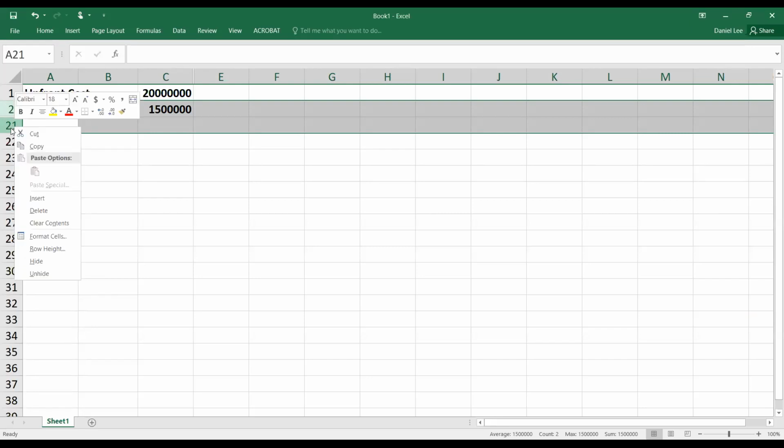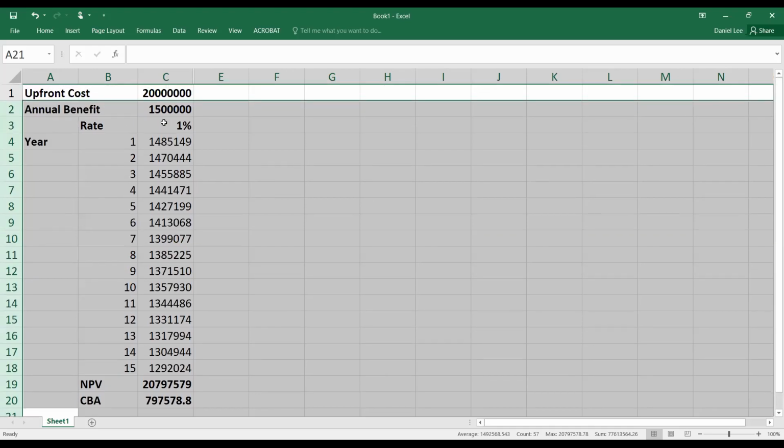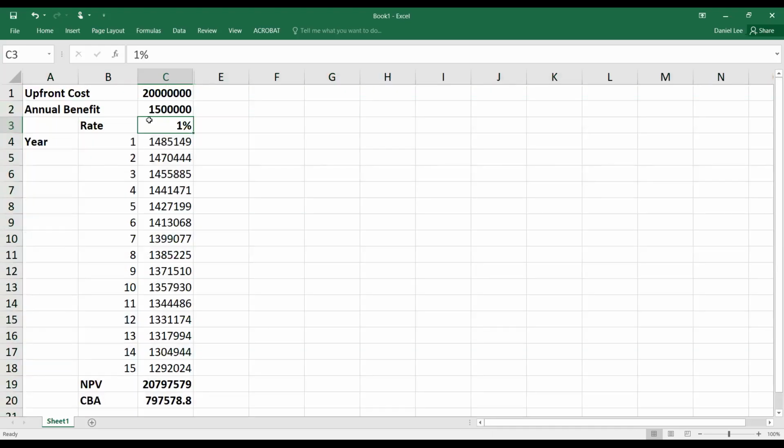No one came up with a rate? Does anyone want to see how we do it? Yes, please. All right. So the rate I came up with that passes is 1%. You can come up with other rates that pass, but the rate I came up with is 1%.